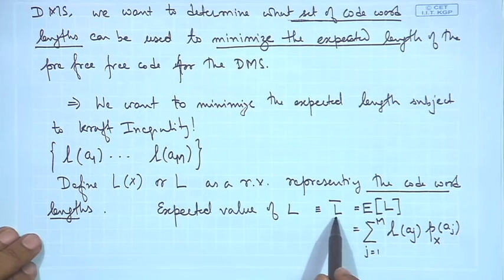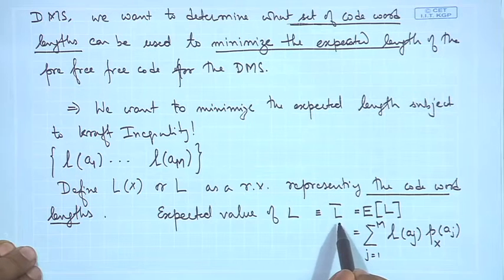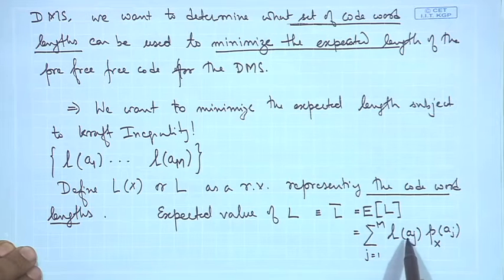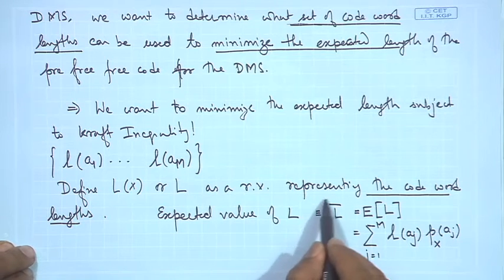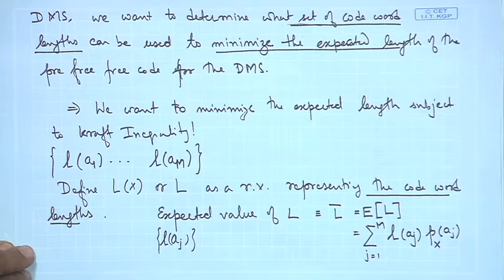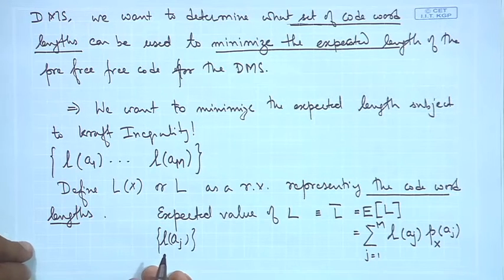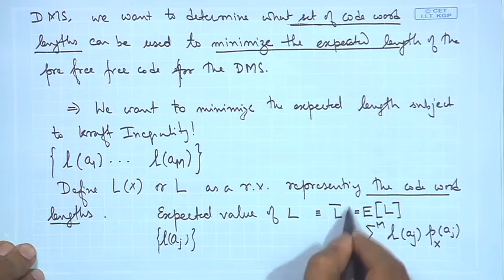So, now what we are trying to say is that we would like to minimize this L bar, because you could assign different lengths to different symbols, or you could assign different lengths to different probabilities. So, we would like to find the match between these two, so that over all possible length sets L of a j, which particular length set would minimize this value, would give me the smallest value of this.